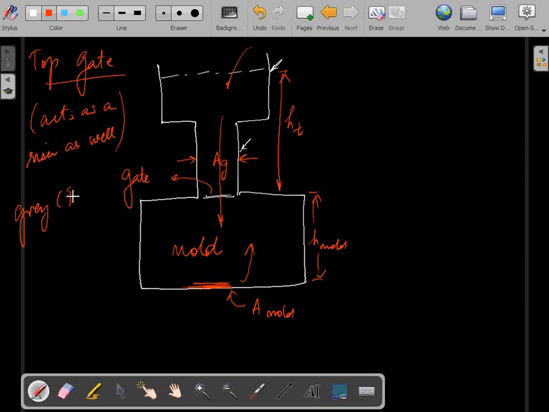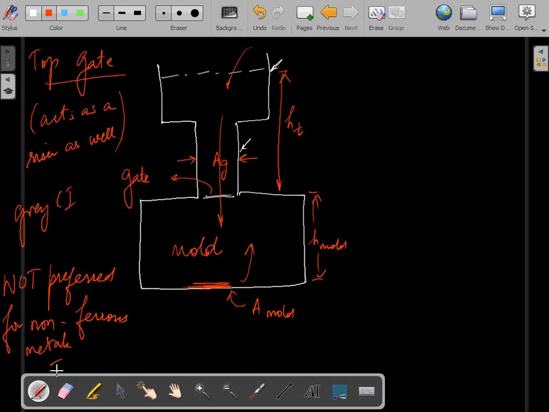Now this kind of a gate configuration, that is top gate, note this point down, this is not preferred for non-ferrous metals. Why is it so? Because it has a lot of turbulence associated with it, and with high turbulence there is a considerable amount of dross formation.